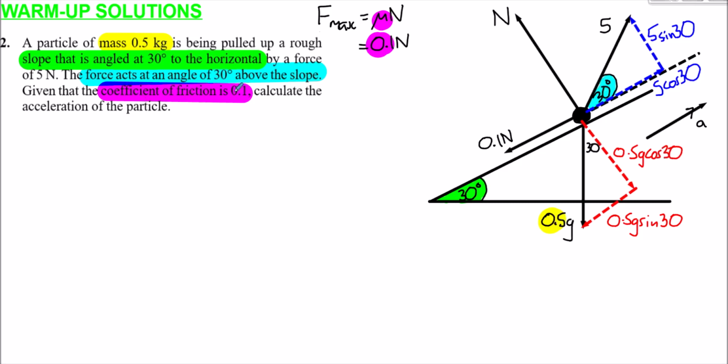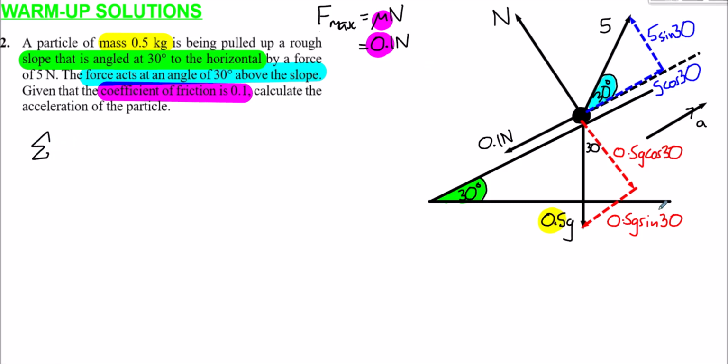Now, coefficient of friction, and friction comes into play. The coefficient of friction tells us that Fmax is 0.1 n, but we don't know n yet, so n is the first thing which I suggest we try to calculate. So let's consider the forces acting in the direction perpendicular to the plane.